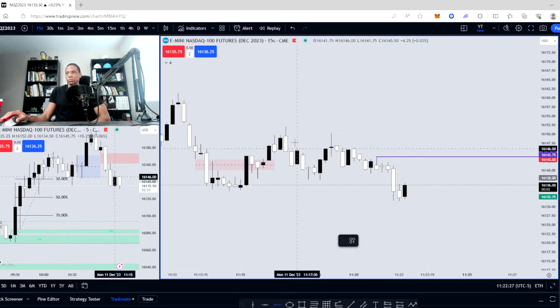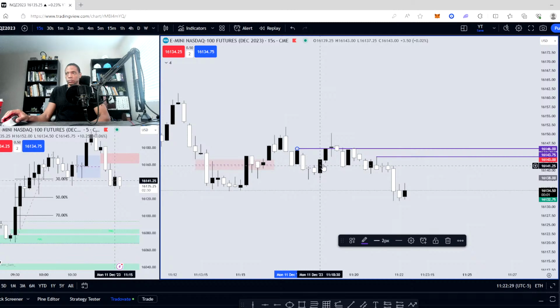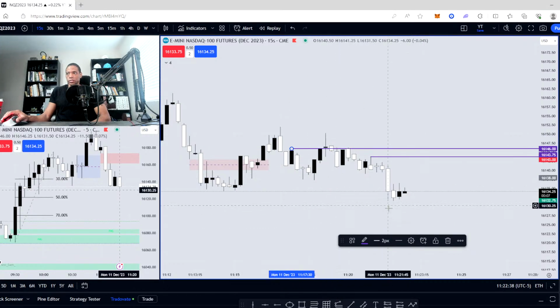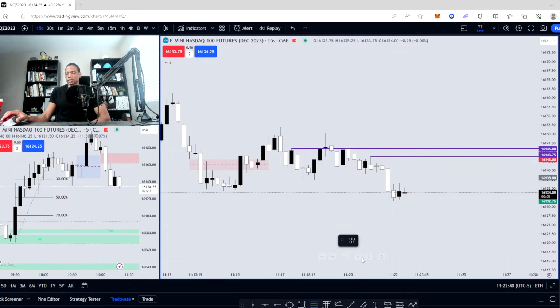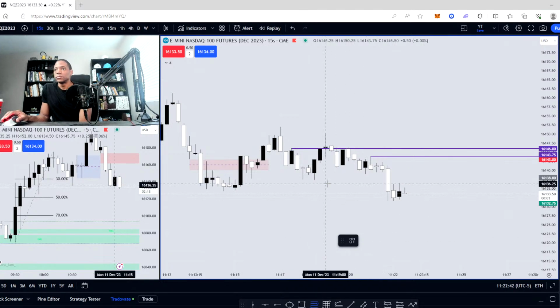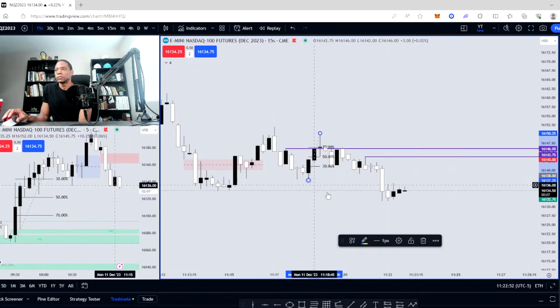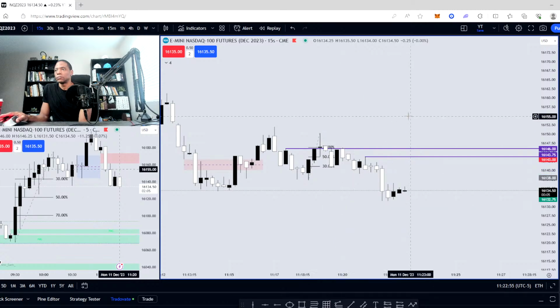On the 15-second, we had a swing high here, which was taken out on this movement up. And then it broke down. So on the 15-second, this would have been, let's see, in there.